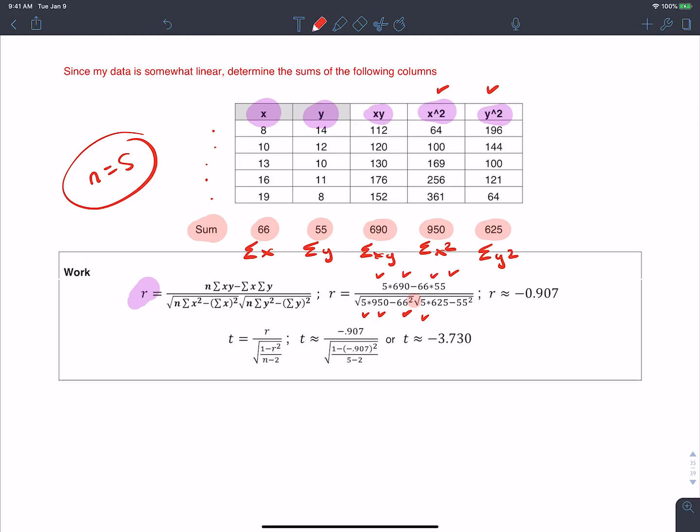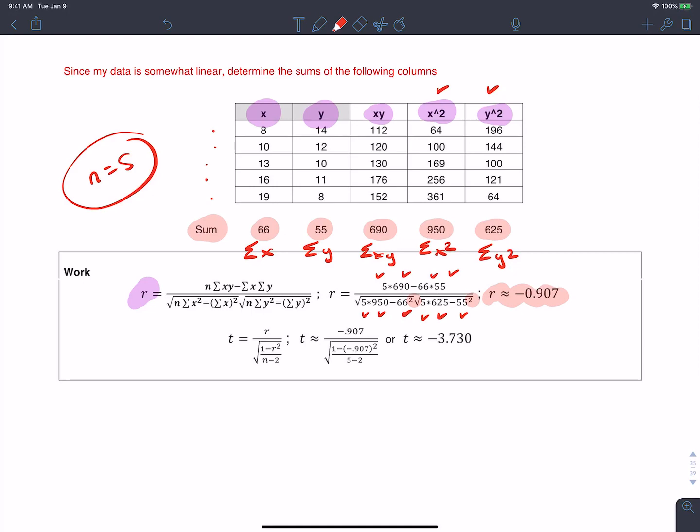Now we have sum y squared, and that's going to be 625 minus sum y, which is what? Oh, 55, sorry. And then what power is there going to be there? There's a 2 power there. So anyway, when you punch this in your calculator, we get that the R value is negative 0.907.